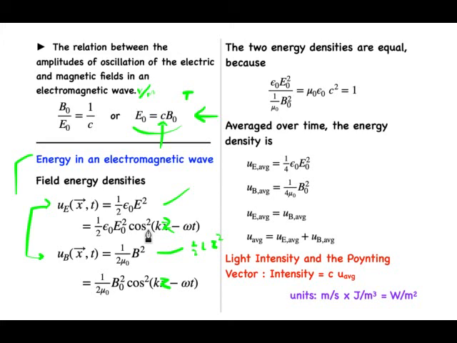Cosine oscillates between minus 1 and 1. Cosine squared is between 0 and 1. So the energy density in the electric field oscillates between 0 and 1/2 epsilon naught E0 squared. And the magnetic field oscillates between 0 and B naught squared over 2 mu 0.